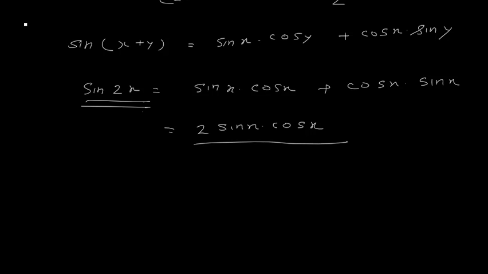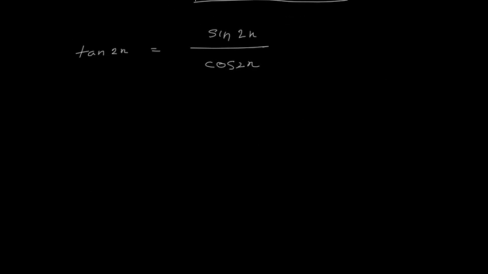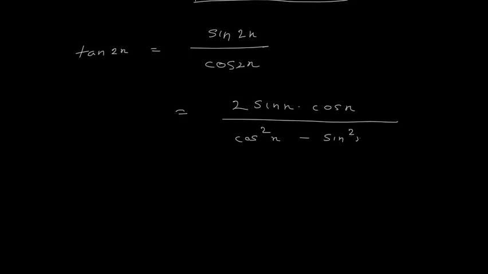Now if I want to find tan 2x, we can say that it is sin 2x upon cos 2x. So let us write the expression for sin 2x, which is 2 sin x into cos x, divided by cos 2x, which you can write as cos square x minus sin square x. Now I want the formula for tan 2x in terms of tan only.